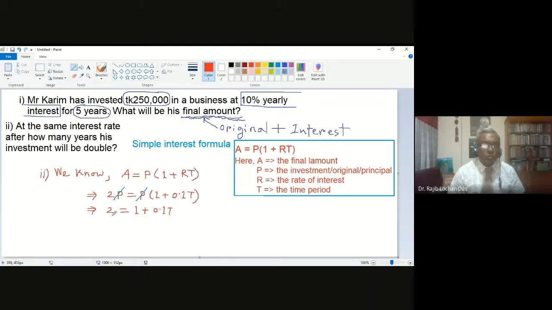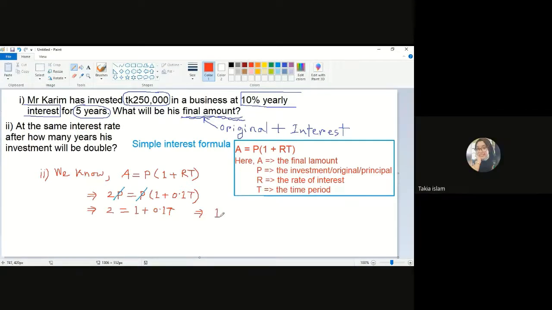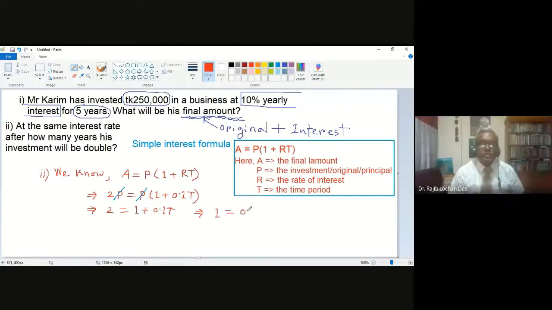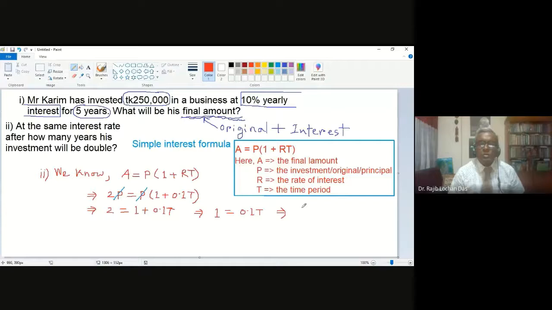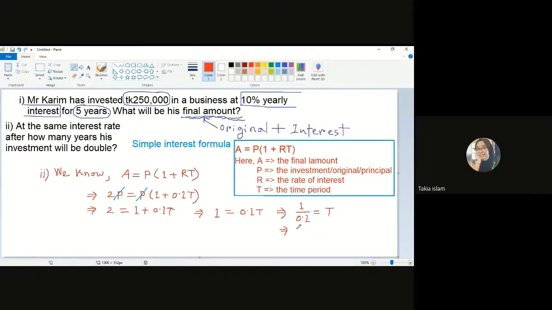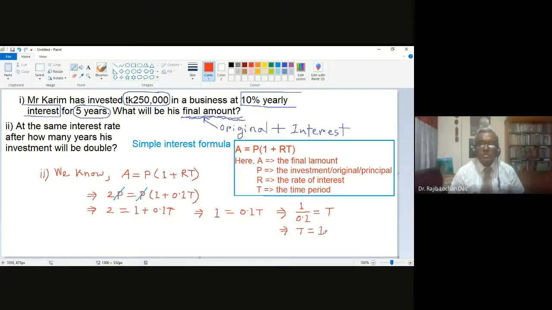So it is 2 equal to 1 plus 0.1 into T. Now in the next line you will write 1, because 2 minus 1 equal to 0.1 into T. So the answer will be 1 divided by 0.1, 10 years. Yes, it is actually T. So T equal to 10 years. So that is your answer.